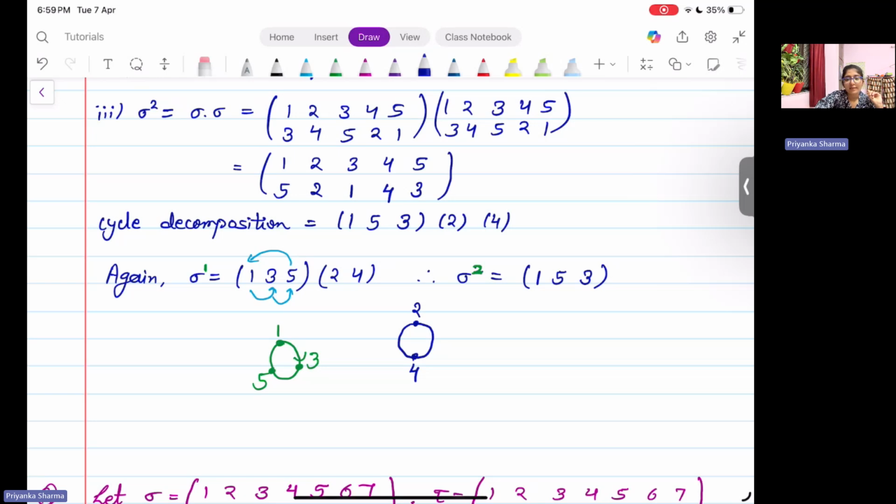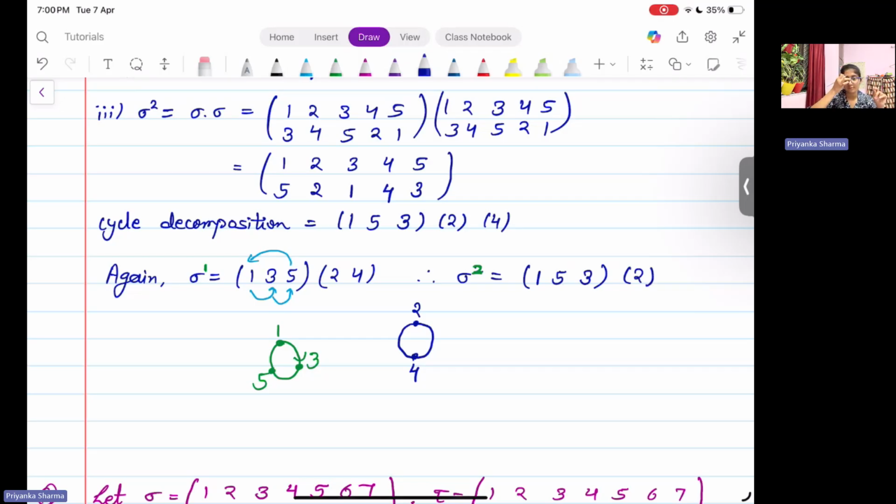So if we want to find out sigma square, what will we do for this cycle? What will be the image of 2? The image of 2 will be the second element if we run the cycle. At the first place, we will have 4, but we find out the second element, so that will be 2 again.